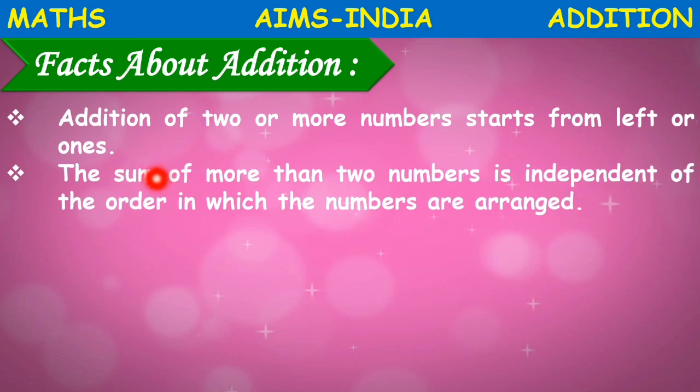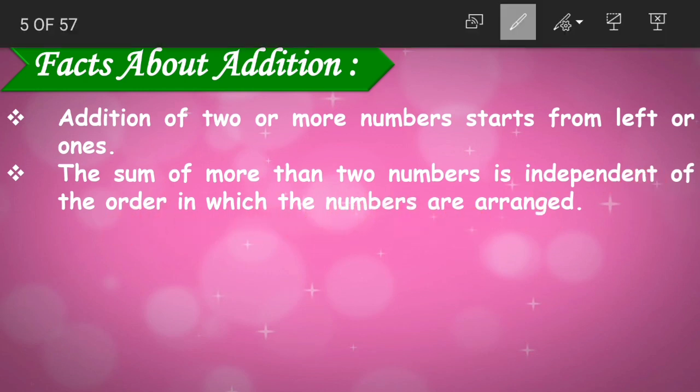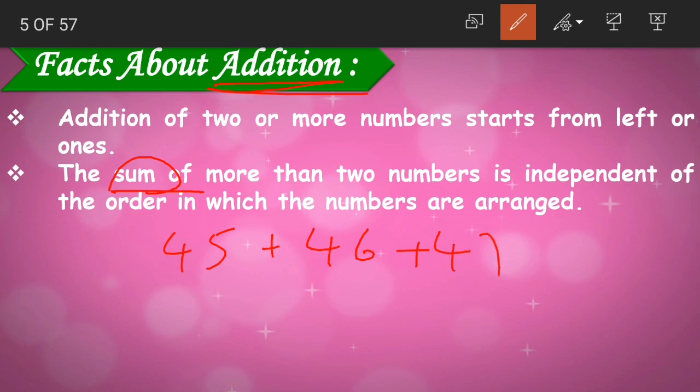The next fact is, the sum of more than two numbers is independent of the order in which the numbers are arranged. What are they saying here? The sum. So again, sum means what? Sum means addition of two or more numbers, like 45 plus 46 plus 47, is independent of the order in which the numbers are arranged.